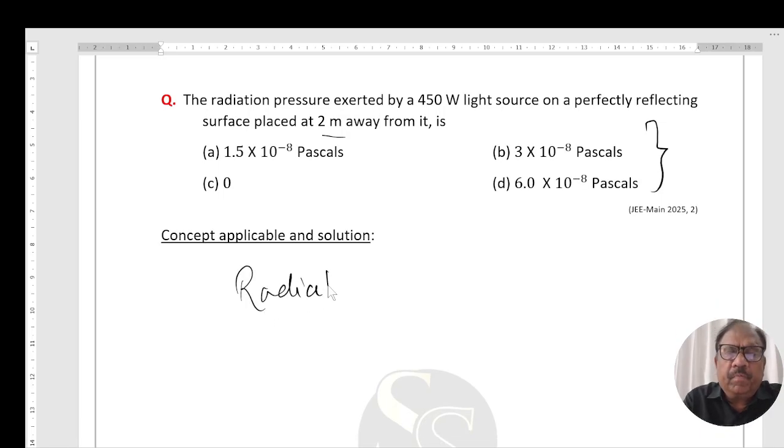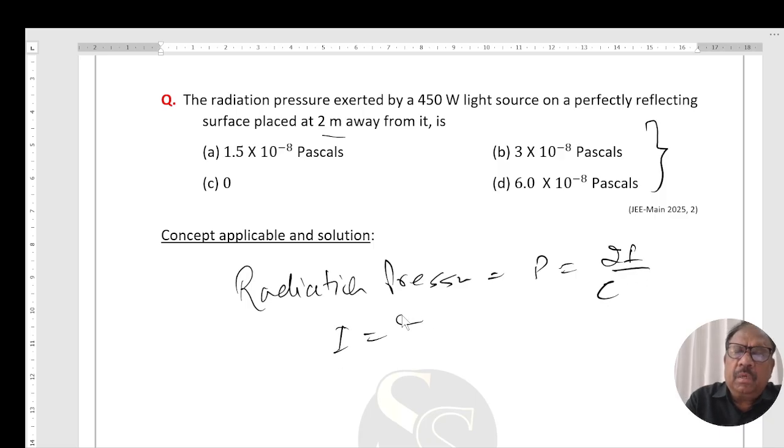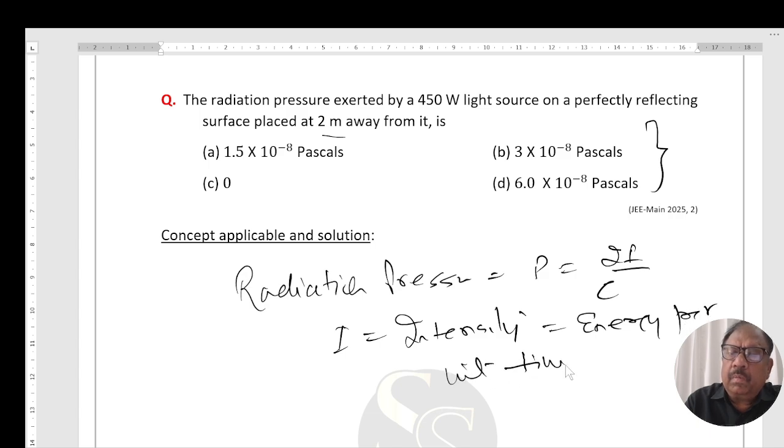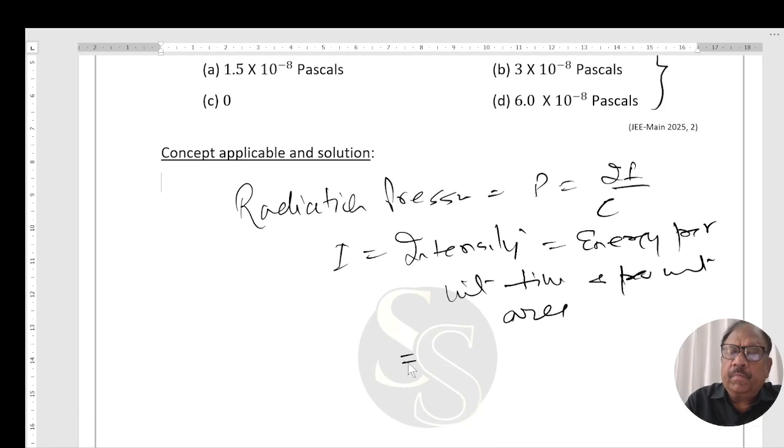Finally the answer is 2I upon C. I is the intensity, and this is energy per unit time and per unit area, that is energy U upon A delta T.